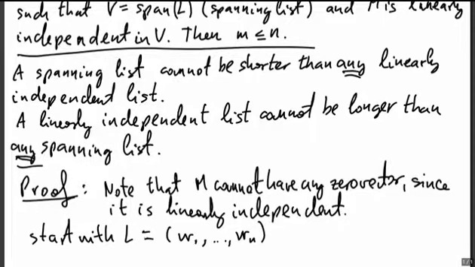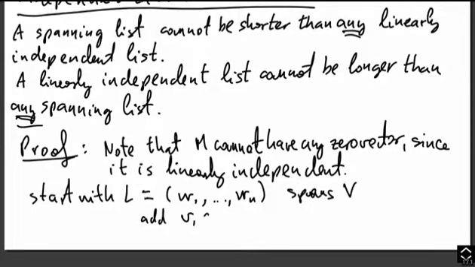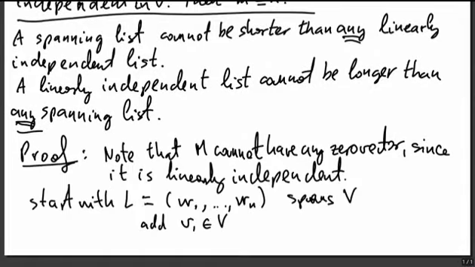This spans V. That means we can add v1 to the beginning of this list, and v1 is itself in V. v1 is the first vector from M, so v1 can be spanned by w1 through wn.